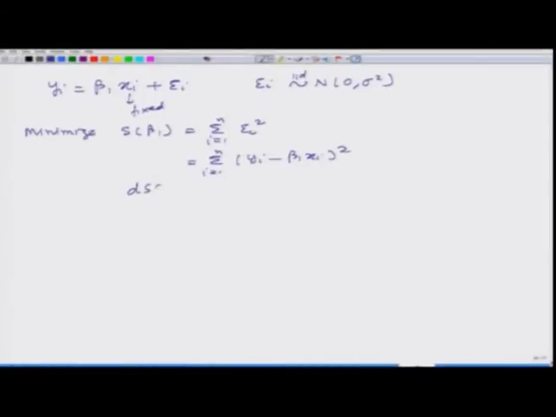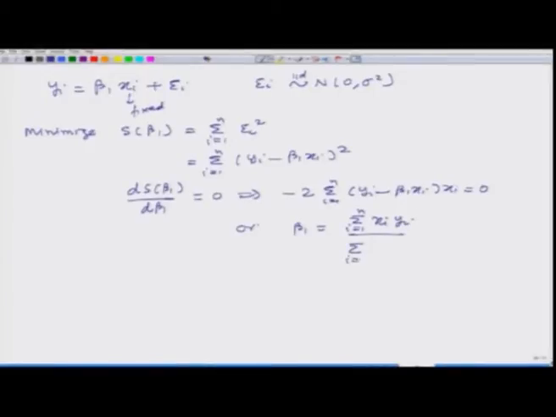Now, when I differentiate it with respect to beta 1 and put it equal to 0, this gives me minus twice the summation over i from 1 to n of yi minus beta 1 xi, times xi, equal to 0. When I solve it, this gives me the value of beta 1 as the summation over i from 1 to n of xi yi upon the summation over i from 1 to n of xi square.